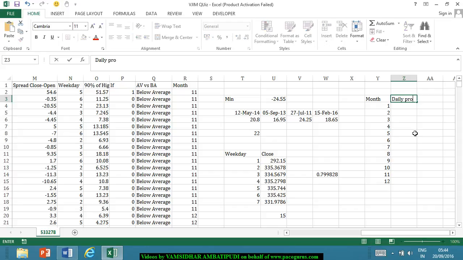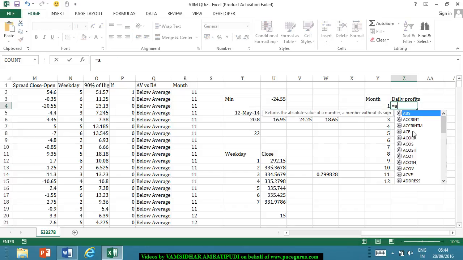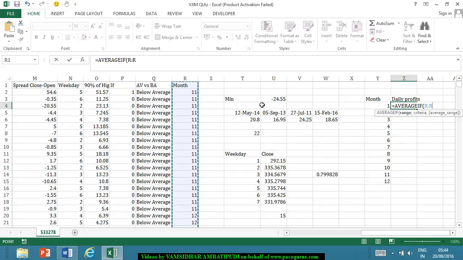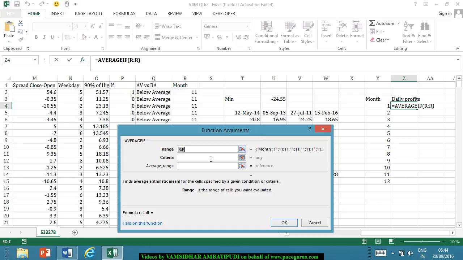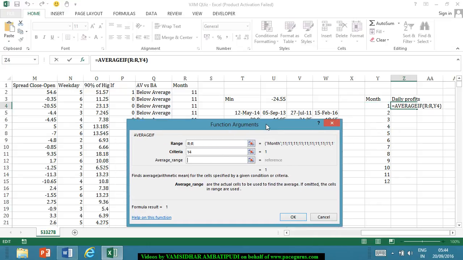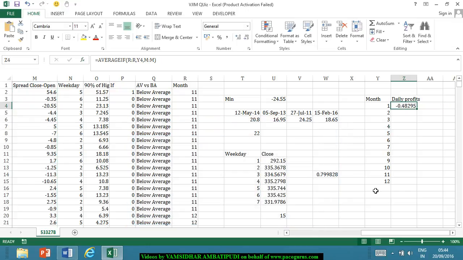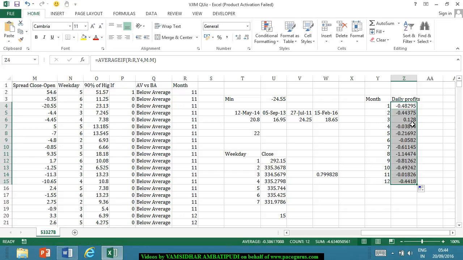So these are the months, and I am interested in finding out the average of all daily profits. So I'll take AVERAGEIF again, within this month column I'm going with this as the criteria, and my average daily profit is measured through this spread close minus open. It is working out as the average daily profit for January is this much, average daily profits for February is this much, and so on.